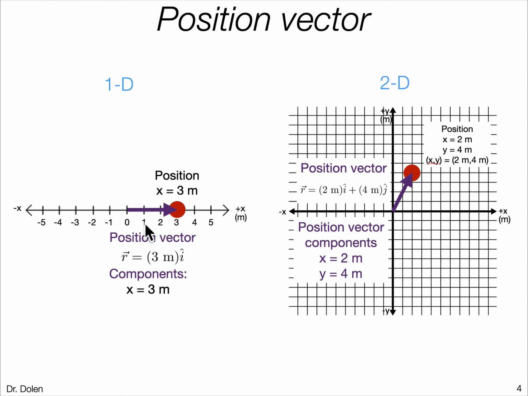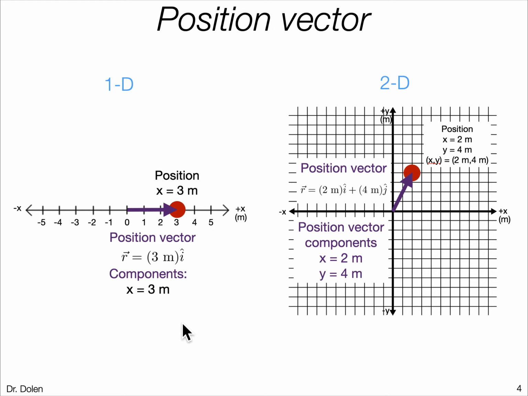All right, so I'm 3 meters away from the origin, and the sign of it, if it's plus or minus, is going to tell me the direction. All right, so this is a vector, so I write it as r with an arrow above it to say this is my position vector. We're typically going to use the symbol r for position vector. The component of this vector is 3 meters, positive 3 meters, in the i hat direction, meaning we're along the plus x direction. Okay, the component of this vector is right in here, that is 3 meters.